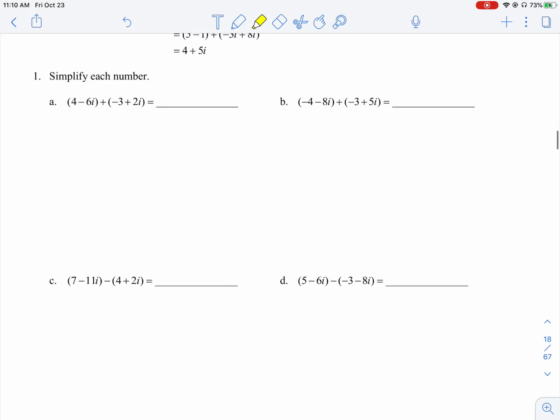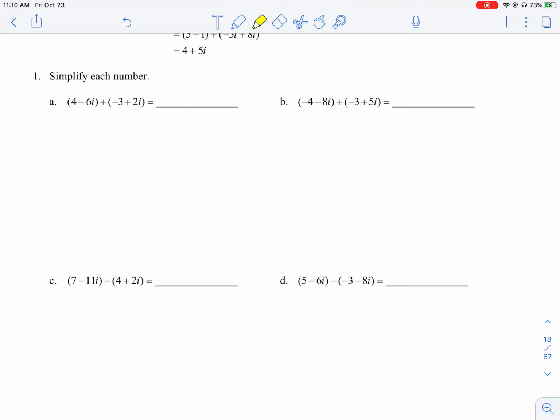So let us start. We have here 4 minus 6i, and we're going to add all of that to negative 3 plus 2i. Because we're just adding, it's just as easy as combining like terms. When I say like terms, you know how 6x and 2x are like terms, 3 and 4 are like terms.